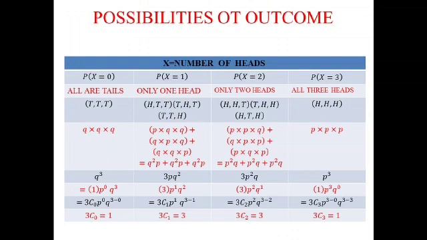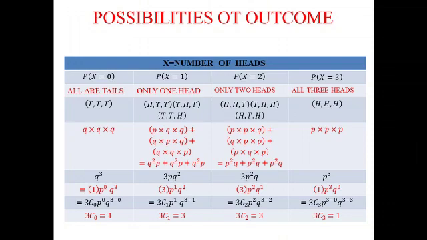Now let's start with the first column, probability of X equal to 0. That means probability of not getting any head in all the 3 flips of a coin. So the sample point is T, T and T. So probability of getting a failure in the first flip is q, and second flip is also q, and third flip is also q.